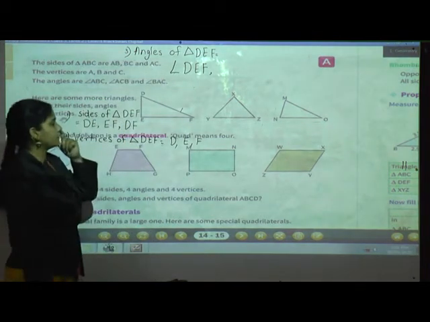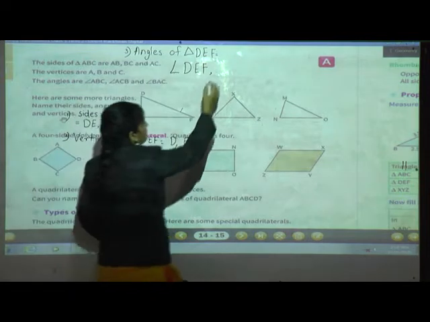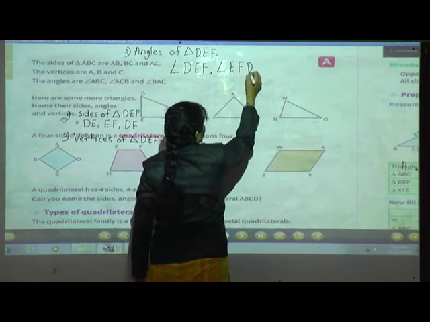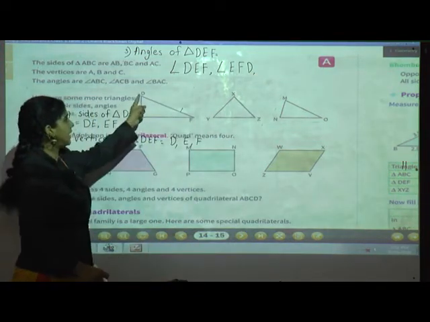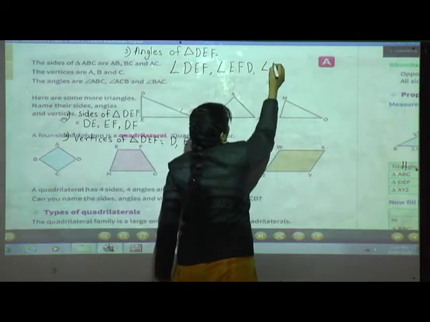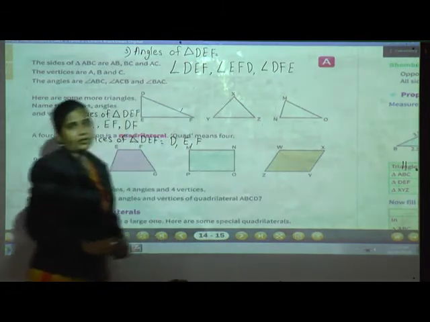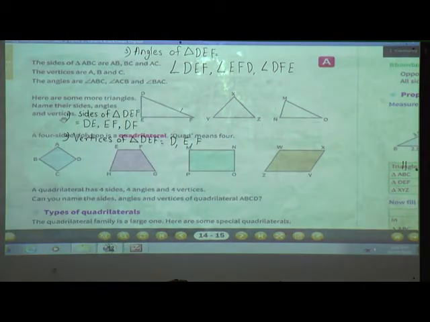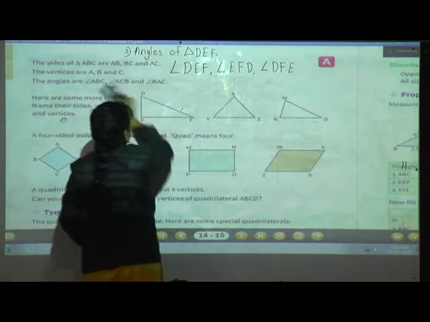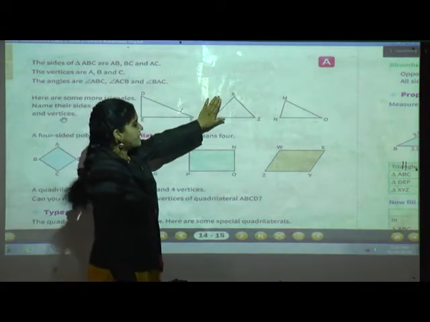Second one, yes, angle EFD. And third one, angle DFE. Yes. Now students, in the second figure, here is a triangle XYZ.